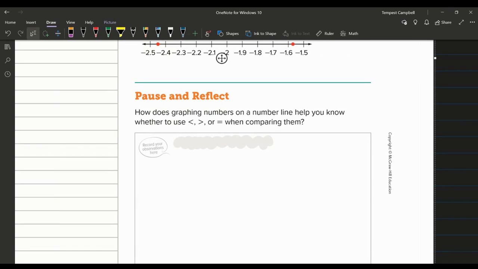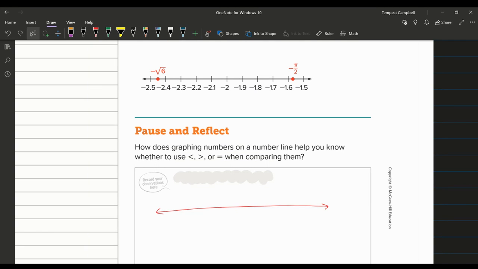Now, how does graphing numbers on a number line help you know whether to use less than, greater than, or equal to when comparing them? Think about graphing it on a number line. If we graphed these on a number line before we said which one was bigger, we would know negative 2.5, negative 2.4, and then we go all the way up to negative 1.6 and negative 1.5.